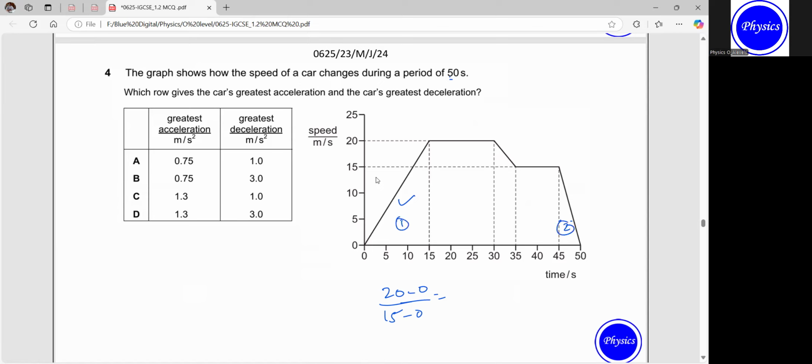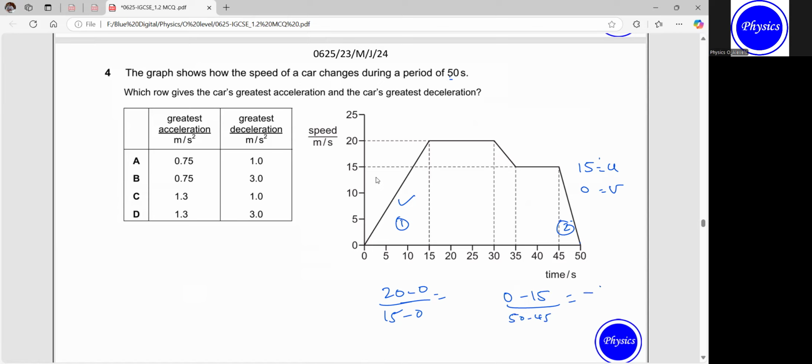Let us check. So it is 15. The change in velocity. Wait. This is u actually. 15 is equal to u, and the final velocity here is 0, so 0 is equal to v. So how do you make the gradient? v minus u is 0 minus 15 divided by the time. What is the time? 50 minus 45, which is 5 seconds.